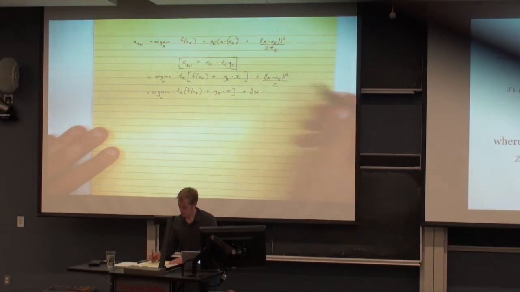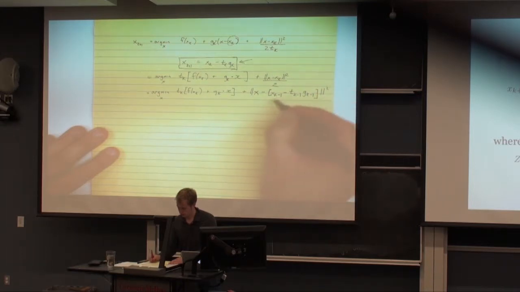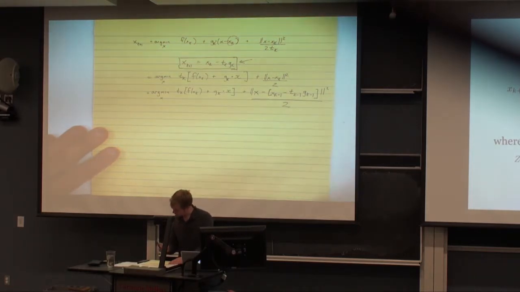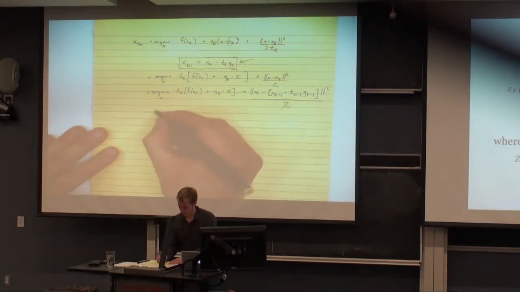Now we know that x_k, based on this recurrence here, is going to be x_{k-1} minus the previous step size times the previous gradient. So now we can expand out this norm.